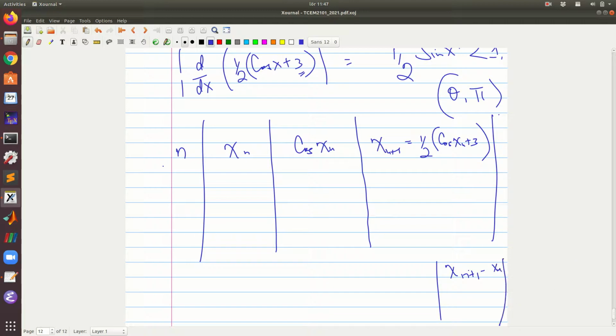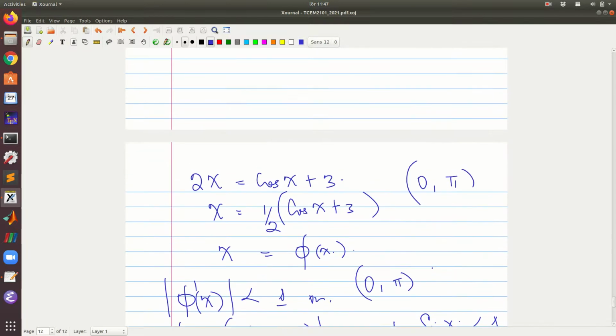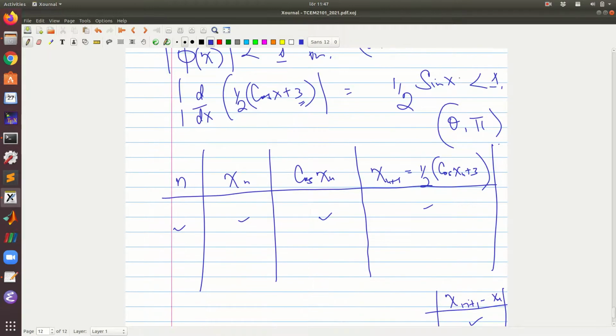So you fill everything like we have done before, and then try to verify with what we are going to get. Yes, I hope I haven't made a mistake.